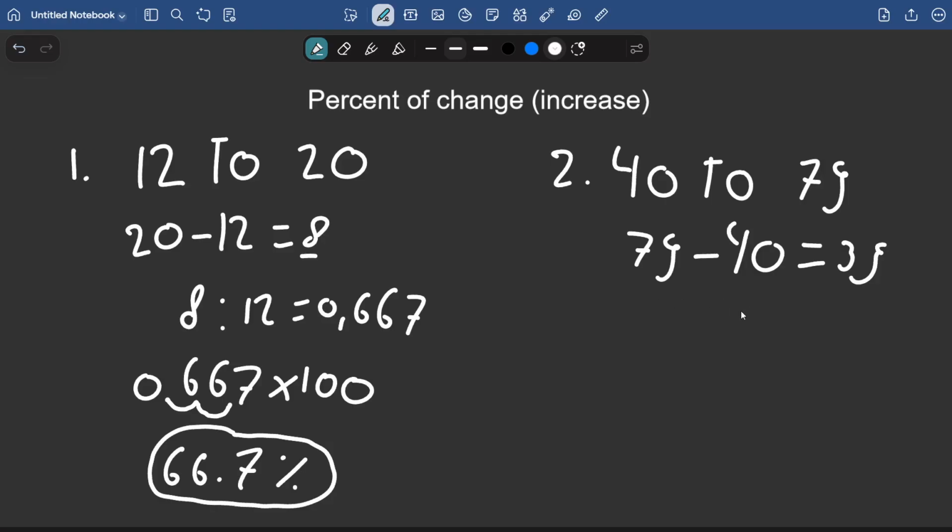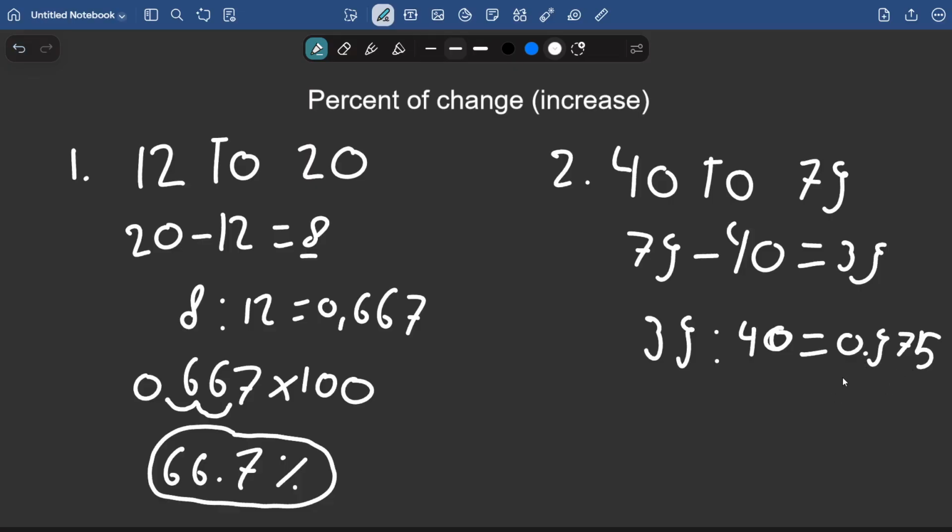Now we use the formula again. So 39, the amount of change, divided by the old number, which is 40, equals 0.975.